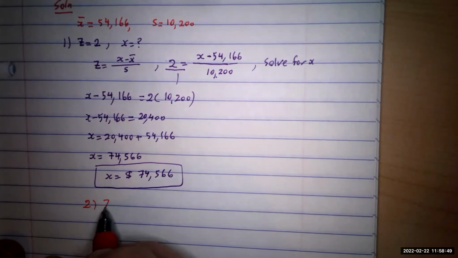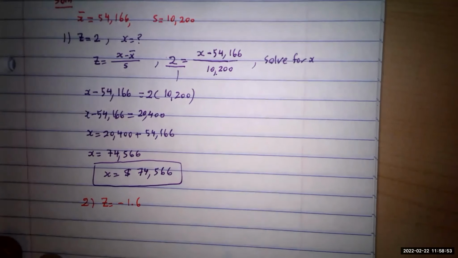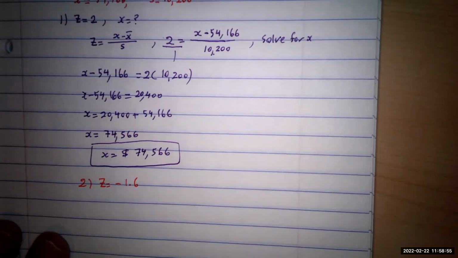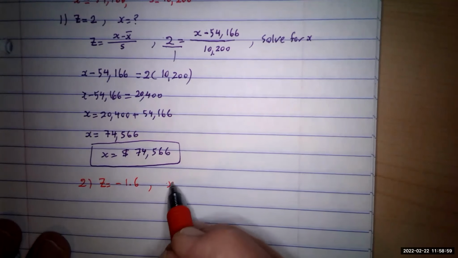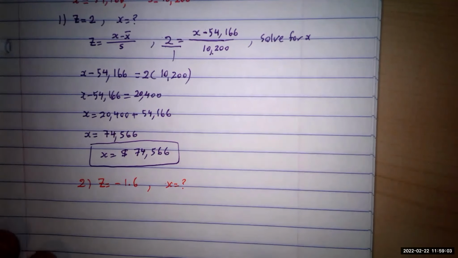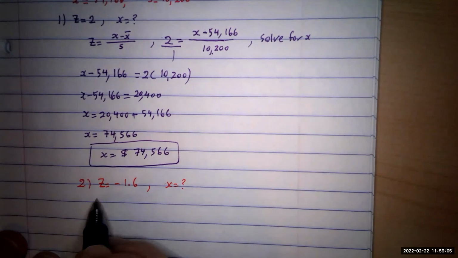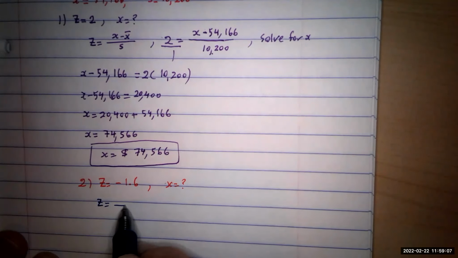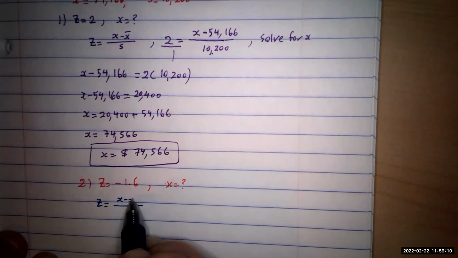Okay, so we get the second one. The second one is z negative 1.6, which means 1.6 below the mean. Again, you want to find the x value, the salary for this one. So again, go to the formula: z equals x minus x bar divided by s.